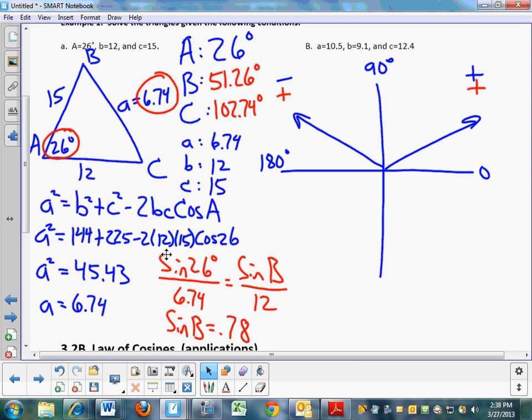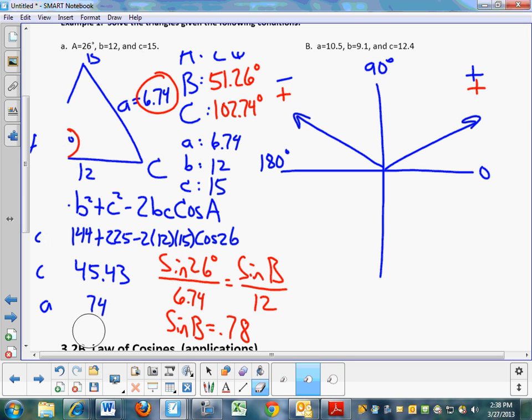Like when you checked your answers, you would have come up with angle B being the largest angle, but not having the largest side. It would have worked out funky for you. Unless you checked your answer, you wouldn't have known that. So I'm trying to save you guys from that scenario. Okay? So there is just one solution for side angle side. But yesterday's assignment, you had side-side-angle, two possible solutions many times. Okay? All right, let's check another one.